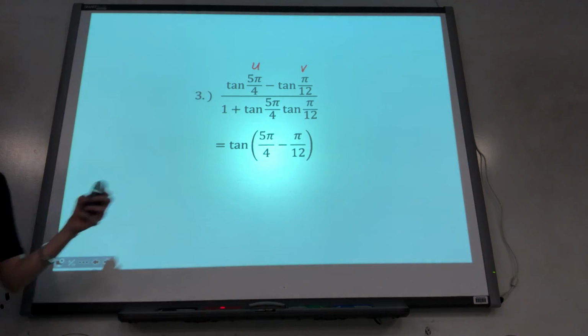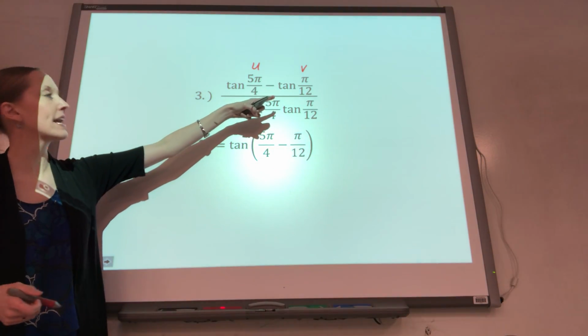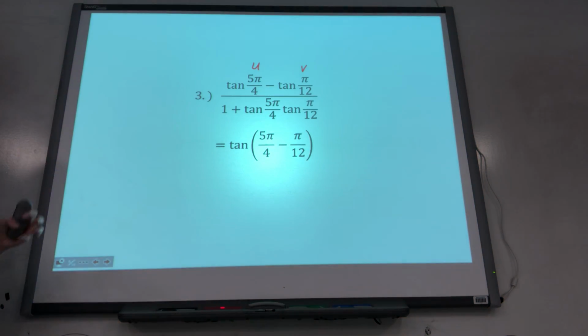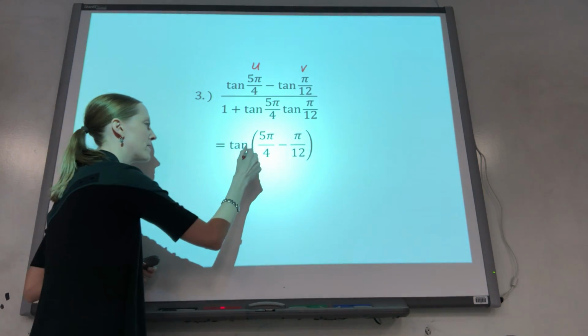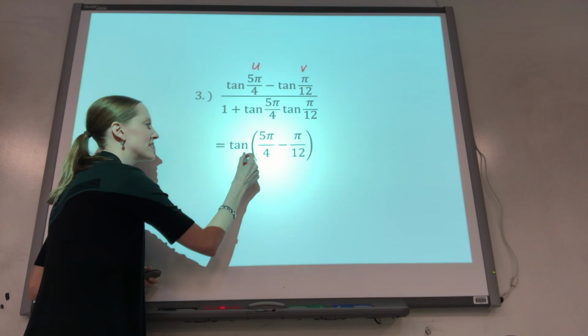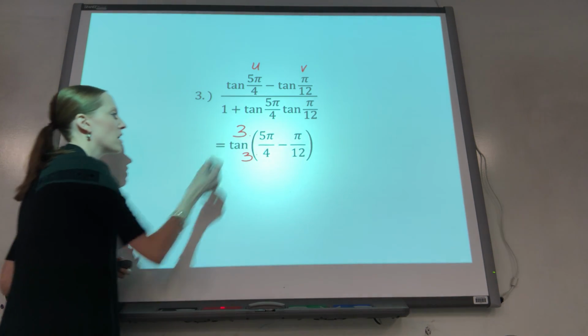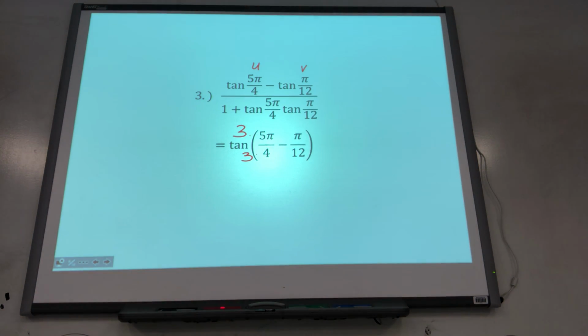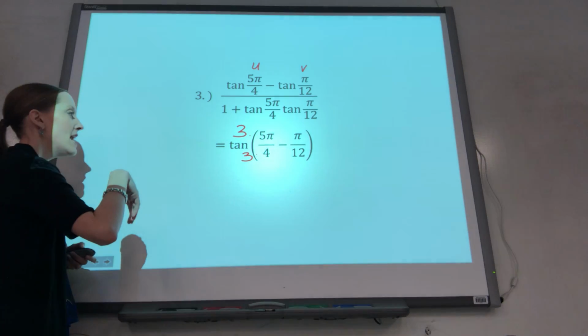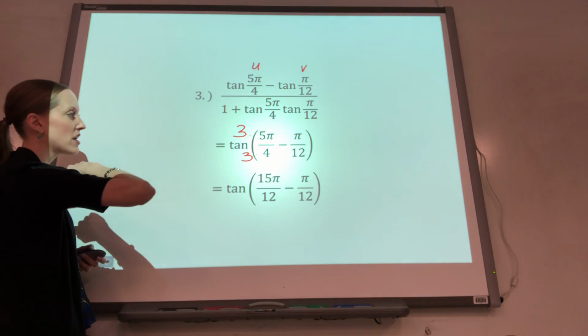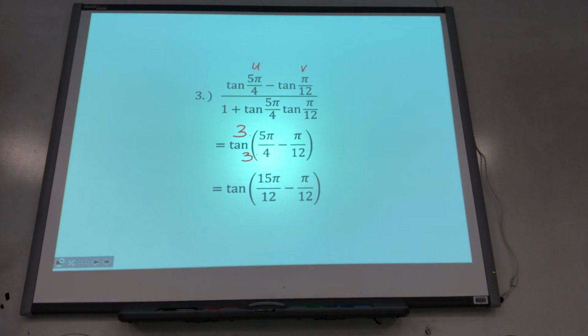So to put it in the right order, pick out U, pick out V, and just make sure it's U minus V. Now LCD in this case would be 12, so I'm going to multiply top and bottom of that first fraction by 3. And now it says tangent of 15 pi over 12 minus pi over 12.